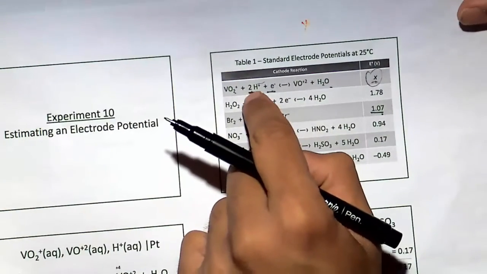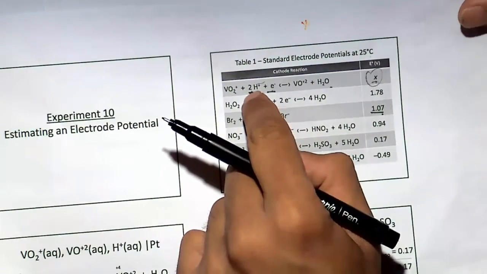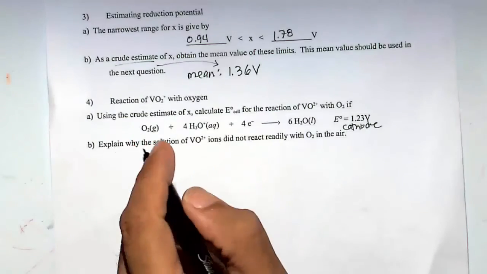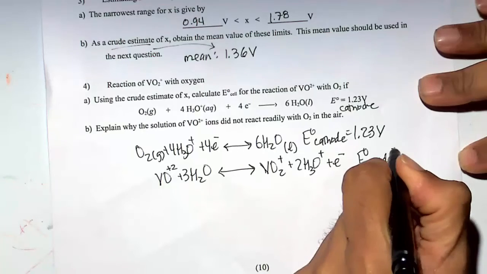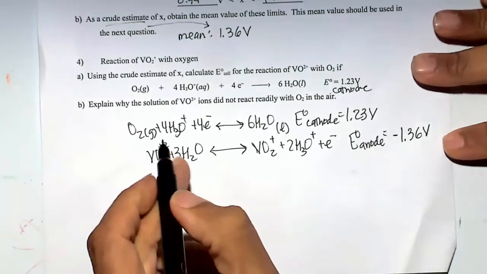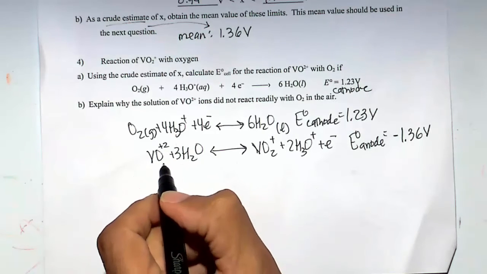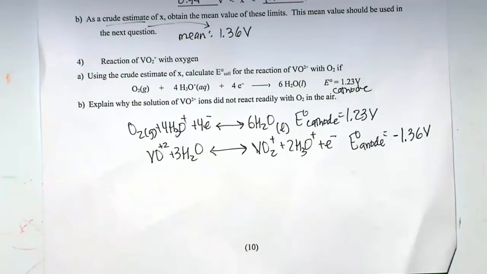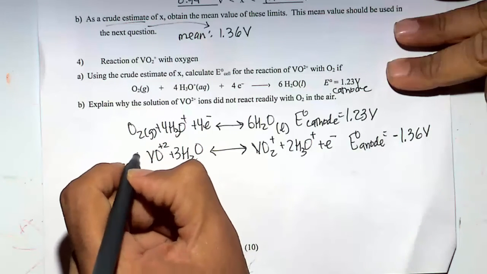And I'm going to change this so that the H plus is in the form of H3O plus, just to make it correspond to this. All right, so I rewrote that equation, but this time I flipped it, and I just want to make sure I'm balanced. I am balanced. And this time this is a 4 electron transfer reaction. 4 electrons are being transferred. So I'm going to multiply the bottom by 4.